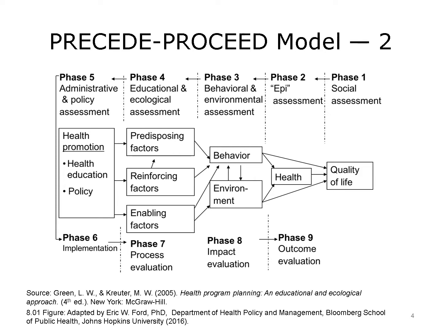Phase 5 is the administrative and policy assessment. This is where we ask whether we or our organizations, whether they be governments, health systems, insurance companies, or other organizations in the community, are ready to engage in a new program or innovation. Here it is good to bring in both business and policy experts.